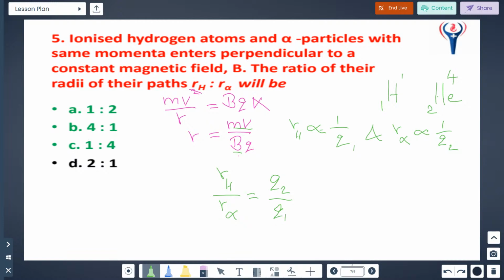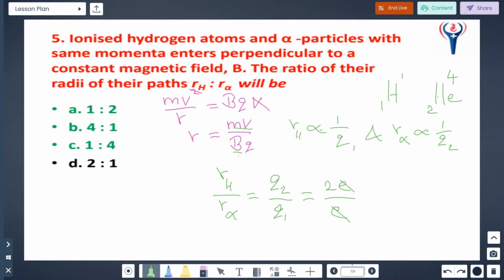Q2, that is the second particle, its charge is 2 times E. E is the magnitude of charge, with value 1.6 into 10 power minus 19 coulomb. And Q1 is just 1E. E gets cancelled.